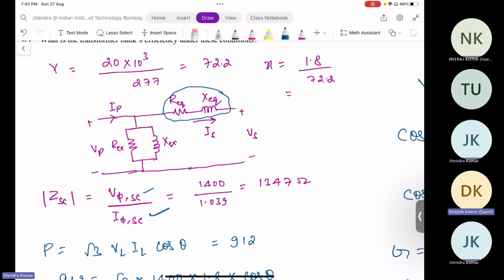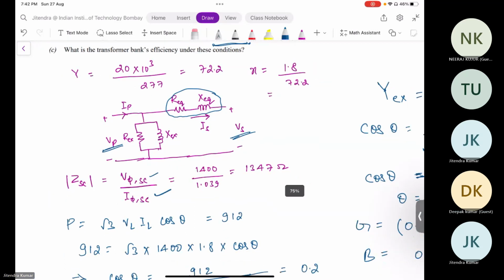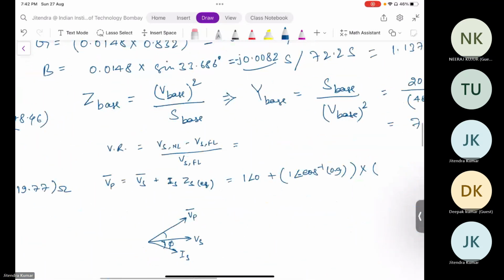If we are talking about per unit, we just plug in all the per unit values of the parameters. This is the primary voltage here, and this is the secondary voltage. This is the equivalent circuit of a phase of a three-phase transformer.